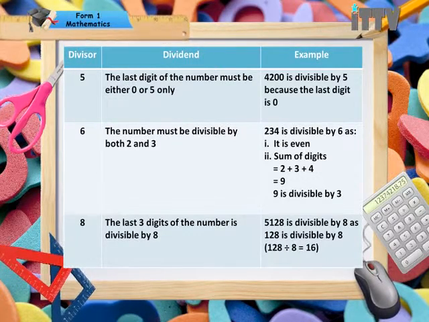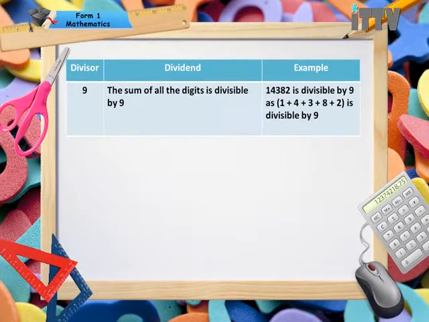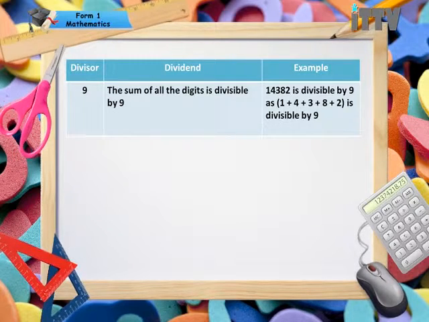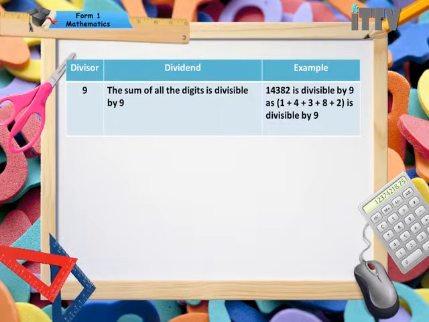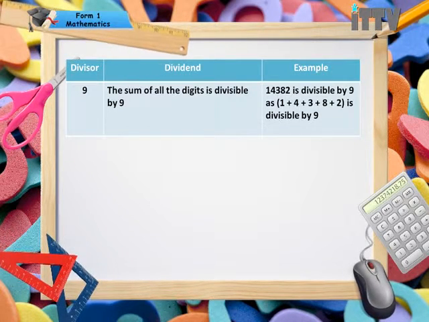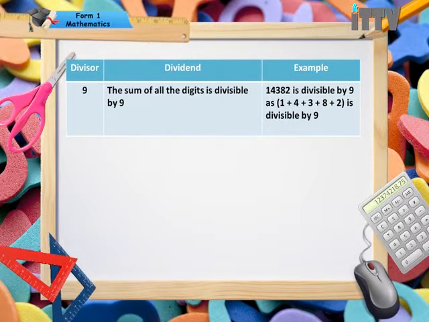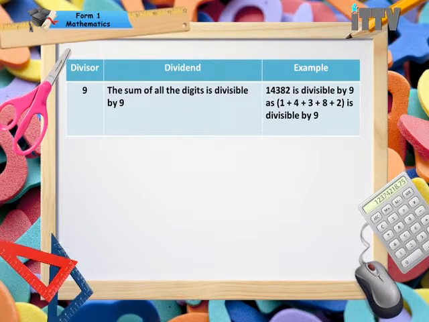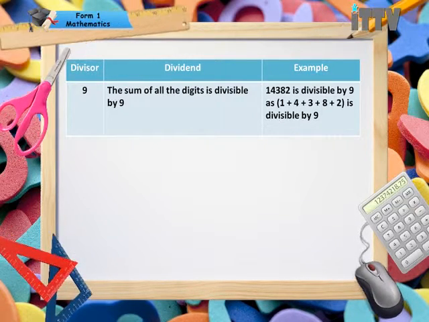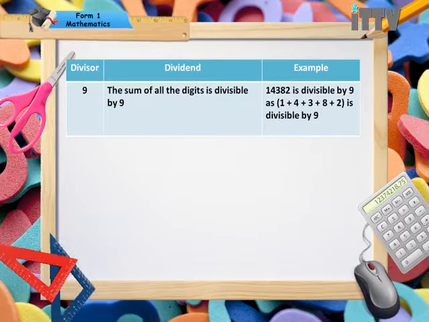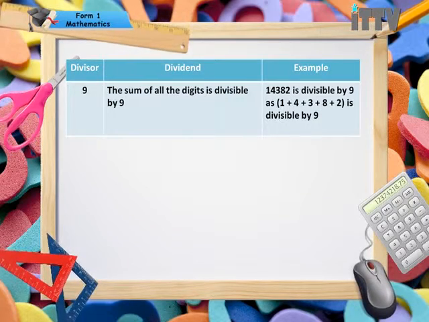Next, let's take a look at the divisor 9. The sum of all the digits in the dividend must be divisible by 9. For example, 14382 is divisible by 9 as 1 plus 4 plus 3 plus 8 plus 2 is 18, and 18 is divisible by 9.